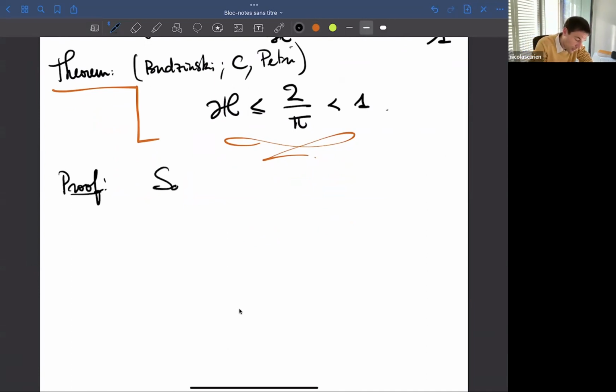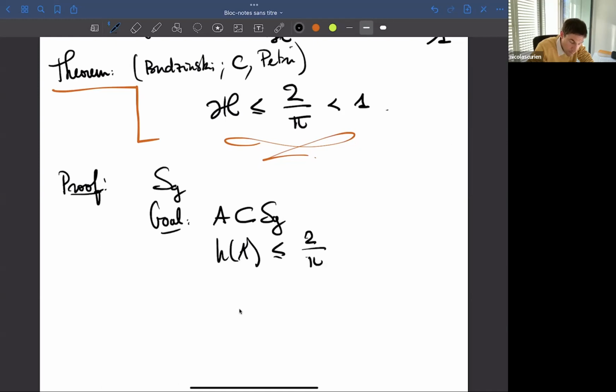So you have your surface, S_g, which is given. What is your goal? Your goal is to find A inside S_g with a small isoperimetric constant. You know nothing about S_g. So how will you pick A?